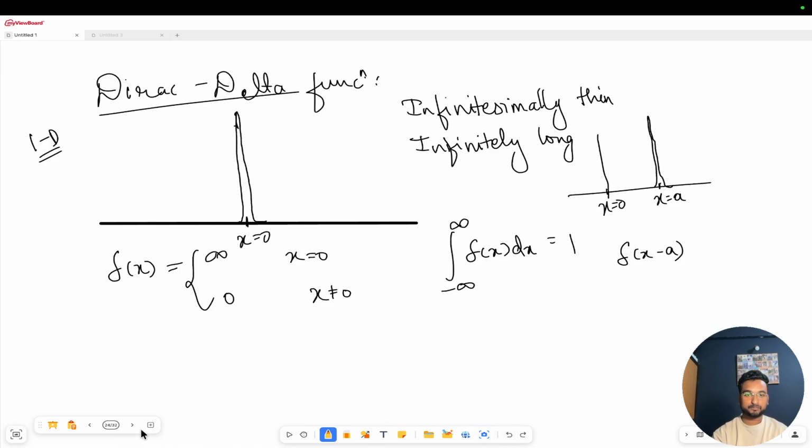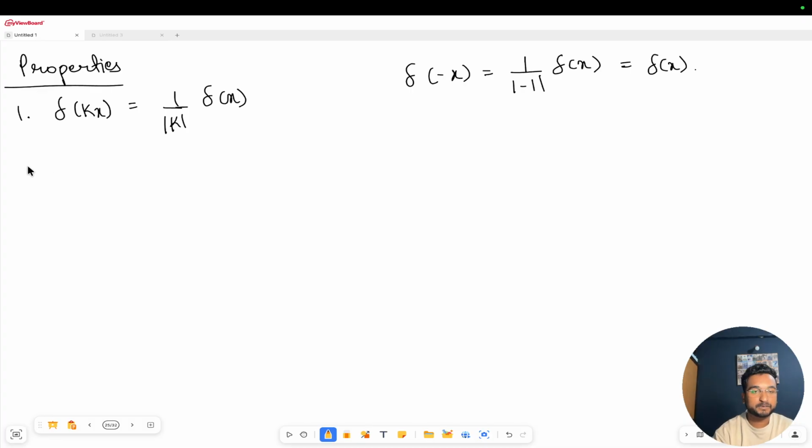Okay, so we'll continue with properties. This is the first property. Mostly this is not used, or in calculation it might be used, but questions will obviously not be based on this. The next property is the integration from b to c of f of x, where f of x can be any function they give, times the Dirac delta function of x minus a, dx.